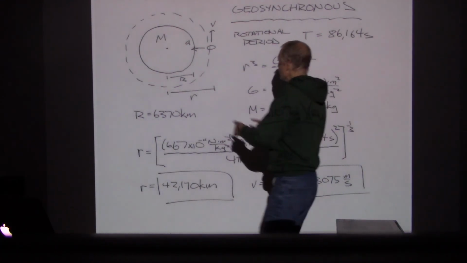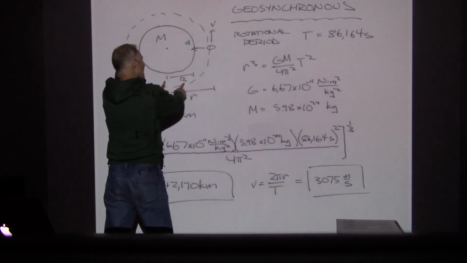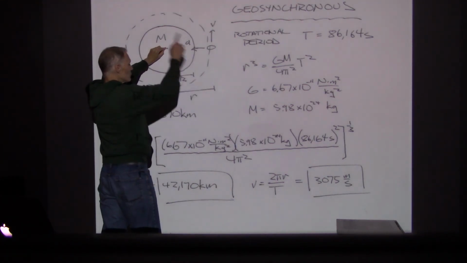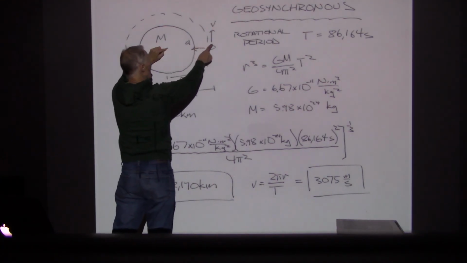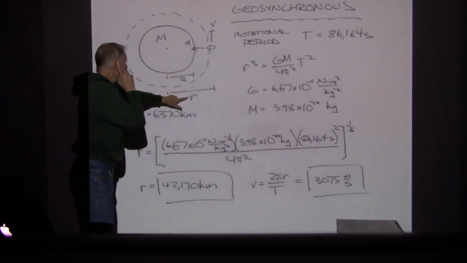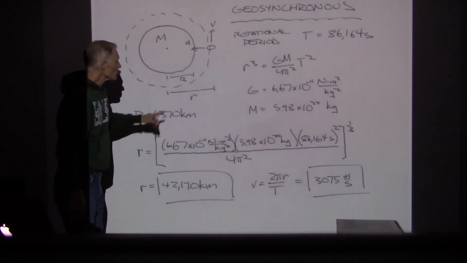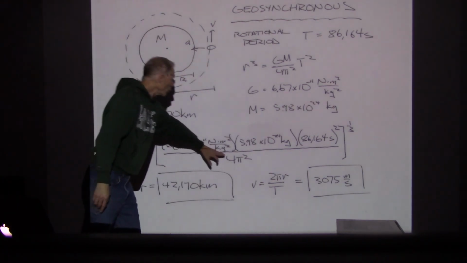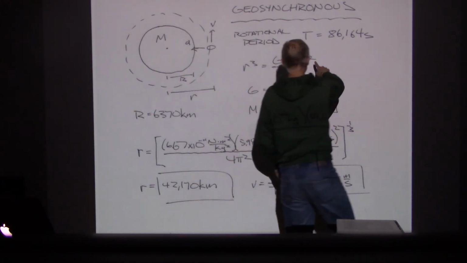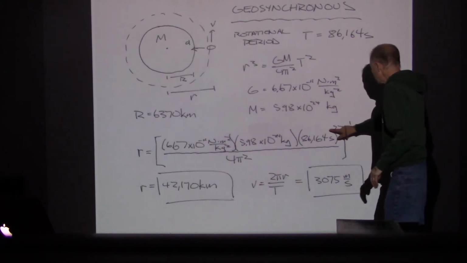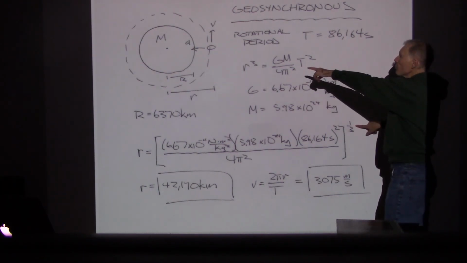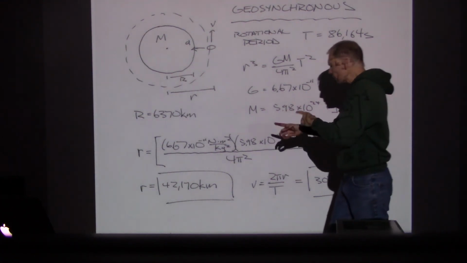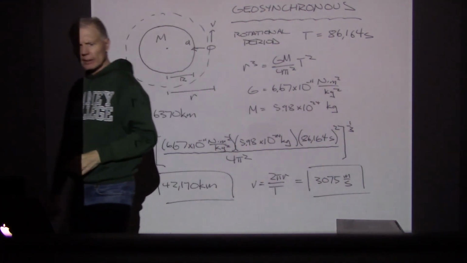I'm measuring the radius of the orbit, that's a circle, measured from the center out to where that circle is located. That's going to be little r, and that's going to need to be equal to big G, big M, over 4 pi squared, period squared, and then all of that to the 1/3 power to get r. And that works out to be 42,170 kilometers.